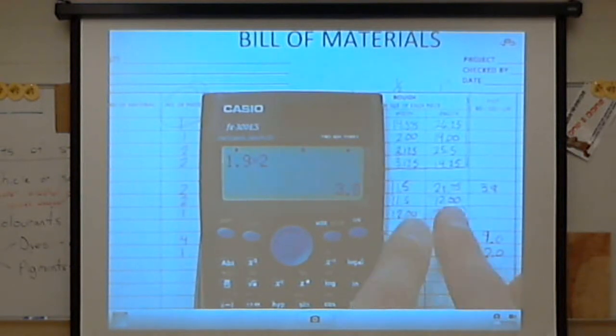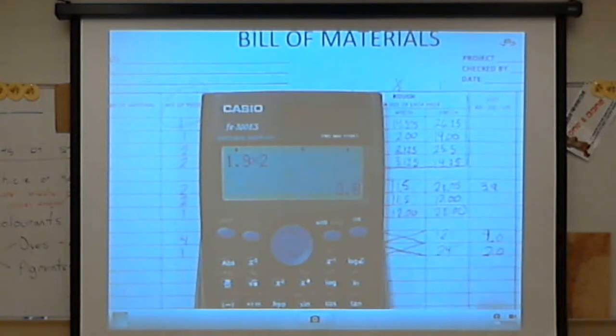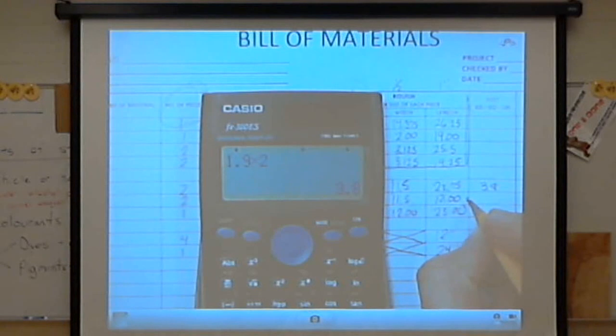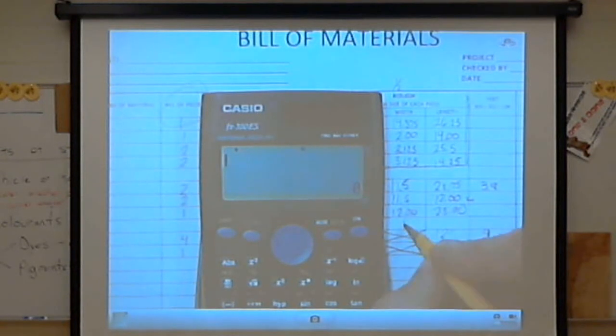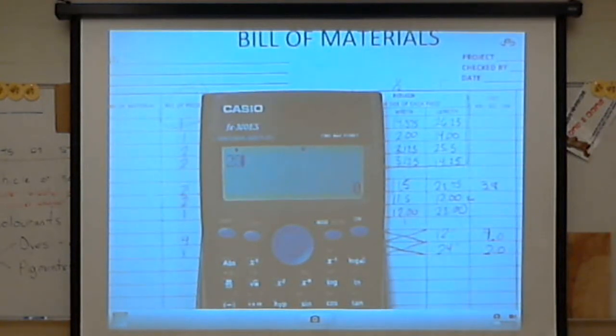Okay? So there's 2 ways that you can end up dealing with square feet. You can either take your inches and multiply them together and then divide by 144. So if that's what you're going to do, then you can just divide by 144 or make a note somewhere. Or you can convert these to feet right away. So I could either take 12 divided by 12, which would give me 1 foot, multiplied by 23 divided by 12.